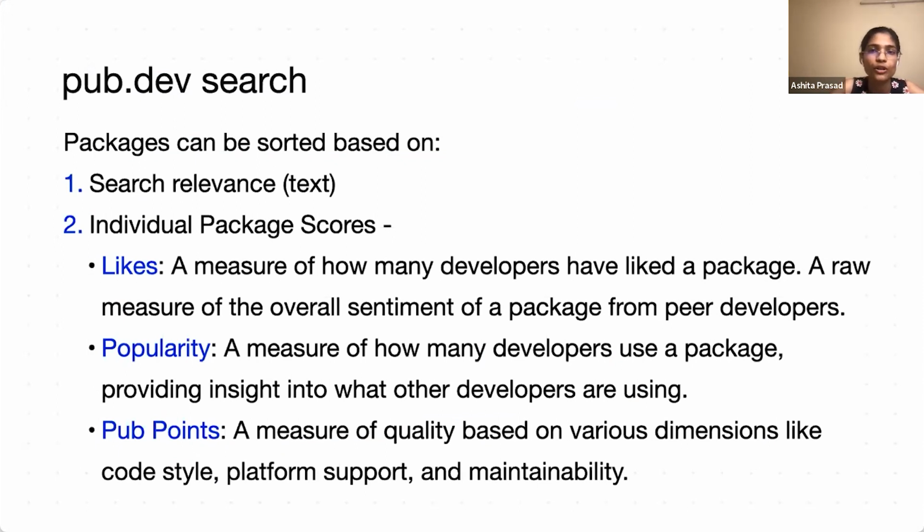Likes is just a measure of how many developers like your package, and it's a very raw measure of the sentiment from your peer developers. Popularity is a direct measure of how many developers are actually using your package. And pub points is more of a quality measure and it depends on factors like whether you have good documentation, how much maintainability you are doing for the code, what platform support you are providing, what your code style is, and that kind of stuff.